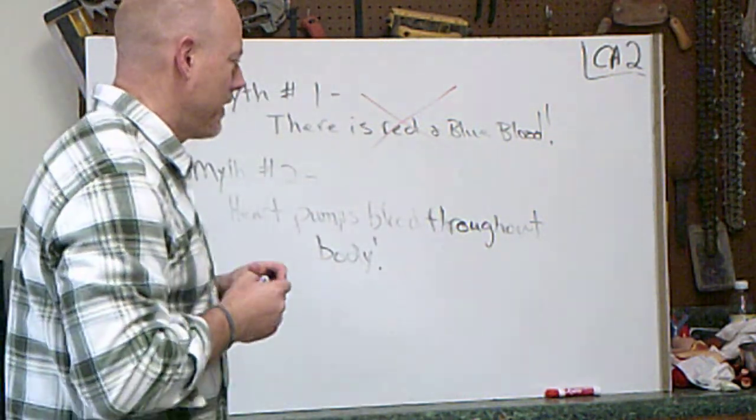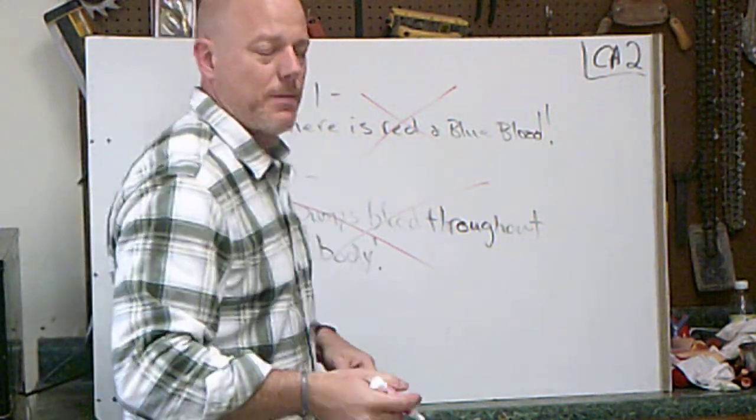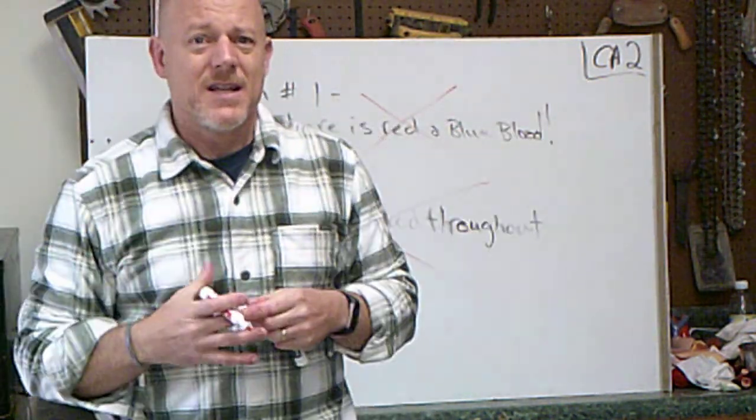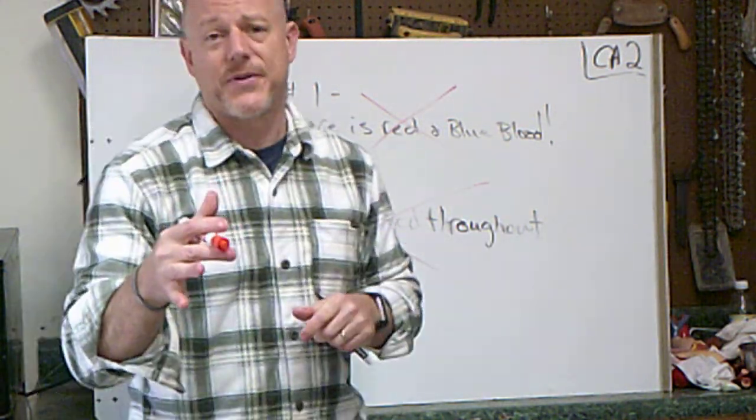Okay, that additionally is a myth. You've heard people say the heart pumps blood throughout your body all the time and is pumping all the way out. The fact of the matter is the heart pumps blood to about 51% of the body.